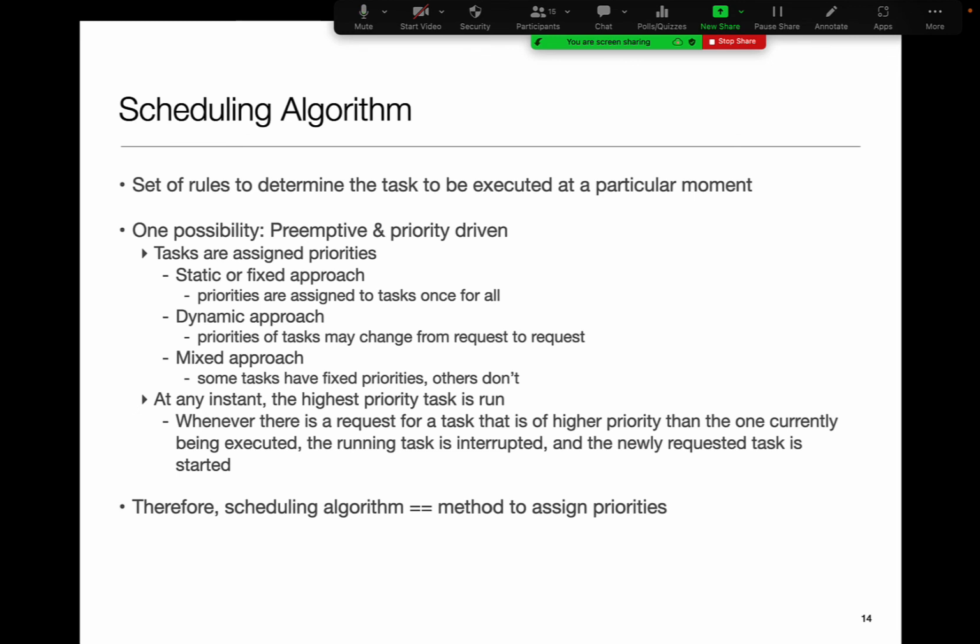Intuitively, you can think of various ways of assigning priorities. I'll say more important tasks should get higher priority, or maybe tasks with lower deadline should get higher priority, or things like that. You can imagine different heuristic strategies, and we'll see which one of them leads to what kind of promise.